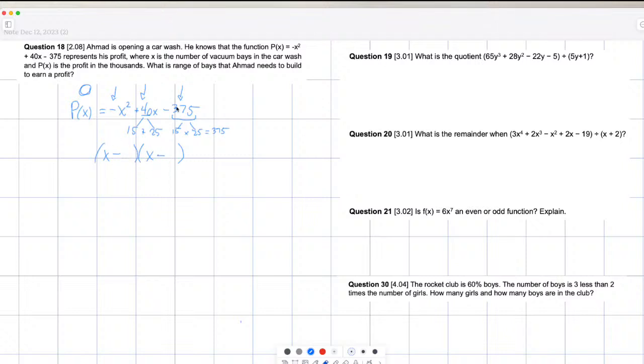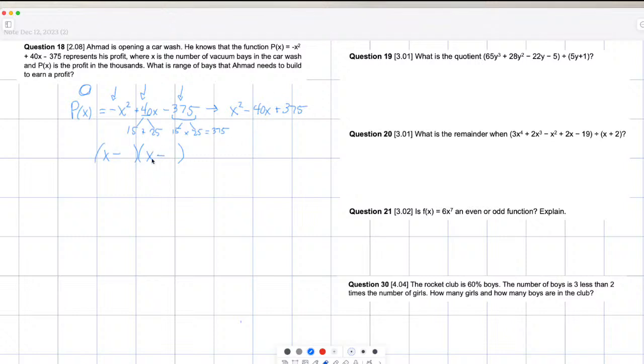So we're going to multiply the whole thing by -1. So we want our function, instead of negative x squared plus 40x minus 375, we're going to convert it to x squared minus 40x plus 375. And so what you see, what we just did, we just made the equation much easier.